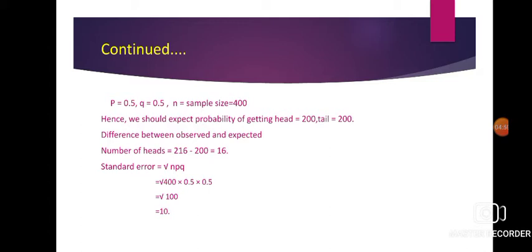Then we have to calculate standard error, which is equal to root NPQ. In that, n is equal to 400, and P and Q are equal to 0.5 and 0.5 respectively. Then we multiply and calculate the root of that multiplied amount. Now we get 10, that is the standard error.